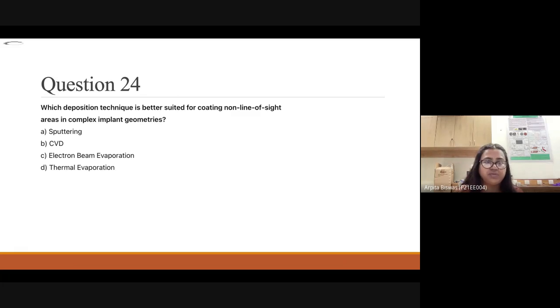Then this is question number 24. Which deposition technique is better suited for coating non-line-of-sight areas in complex implant geometries? First is sputtering, then CVD, then electron beam evaporation and thermal evaporation. So which deposition technique is better suited for coating non-line-of-sight areas?